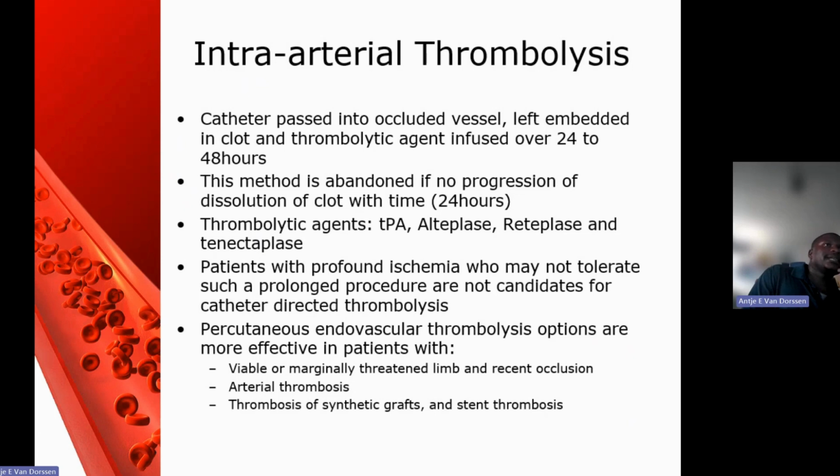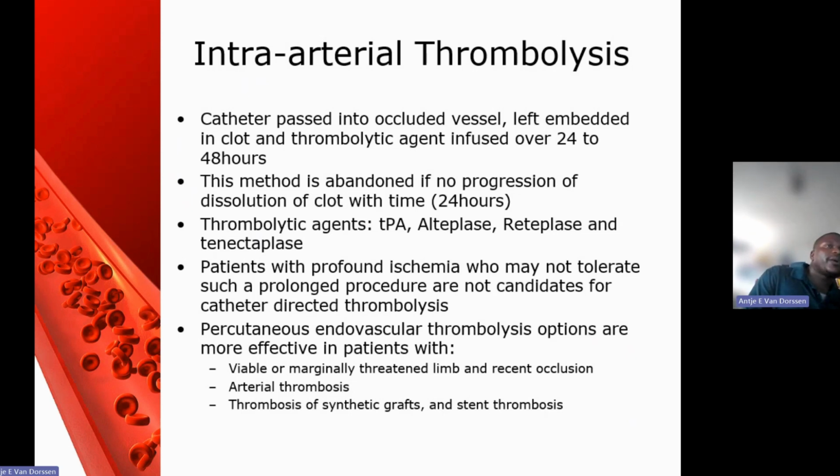And now the thrombolytic agents that they use are tPA, alteplase, tenecteplase, and reteplase. Apparently, they no longer use urokinase and streptokinase. Actually, I didn't get why they don't use them, but the guideline says that they don't use them anymore.